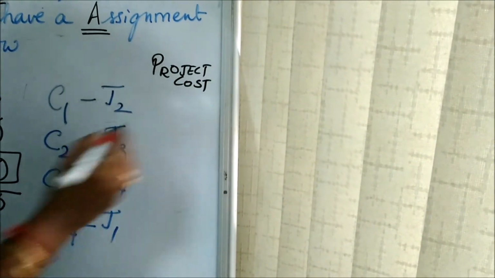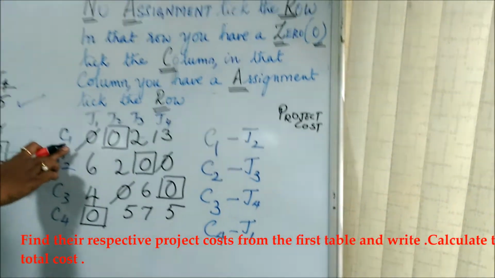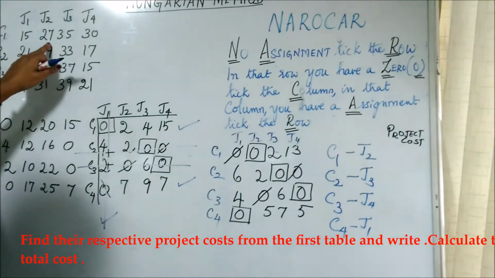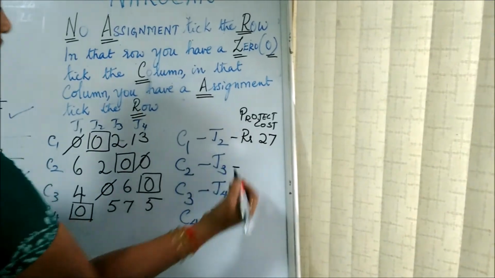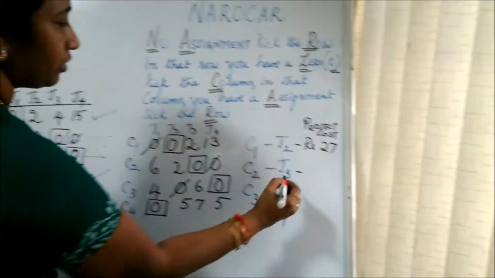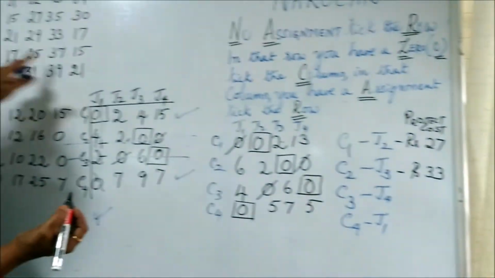Now write the project cost. If C1 does job 2, find the respective project cost in the first table. It is 27 rupees. So write 27 rupees there. C2 does job 3, so it's 33 rupees.